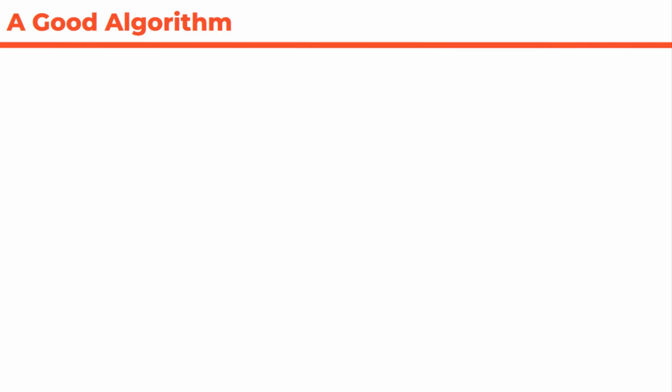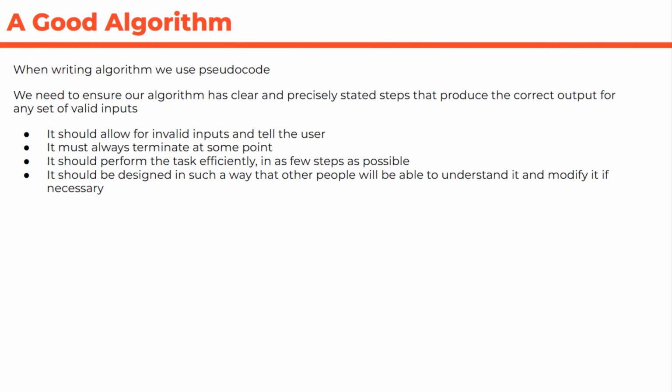So, what about a good algorithm then? When writing an algorithm, we use pseudocode. Pseudo meaning fake, right? Fake code. It's a high-level language. The good news is here, there is no accepted convention for pseudocode, as long as somebody reading your exam can understand what you're trying to do in terms of the algorithmic content.